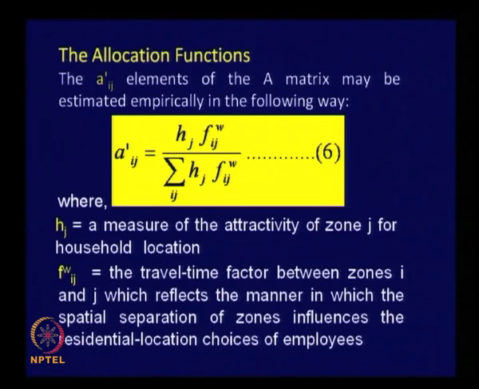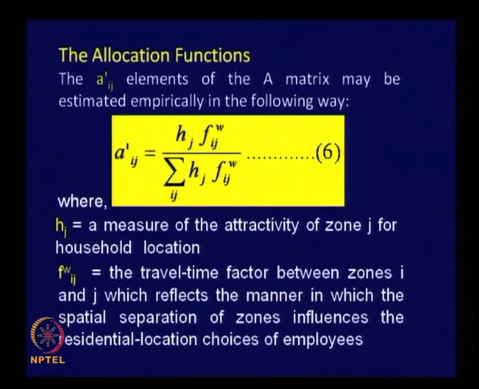F here also represents the friction for mobility between zonal pairs, which reflects the manner in which the spatial separation of zones, right, influences the residential location choices of employees with respect to their workplace. That is the meaning here.